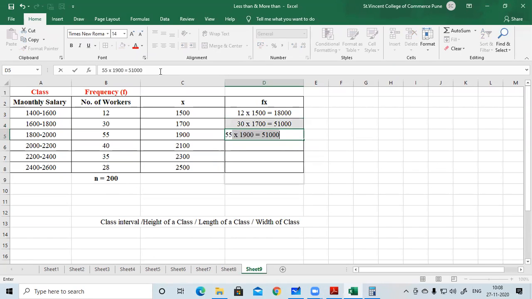Next you have 55 multiplied by 1900, which is equal to 1,04,500. Yes, sir. Then you have 40 multiplied by 2100. So 84,000.